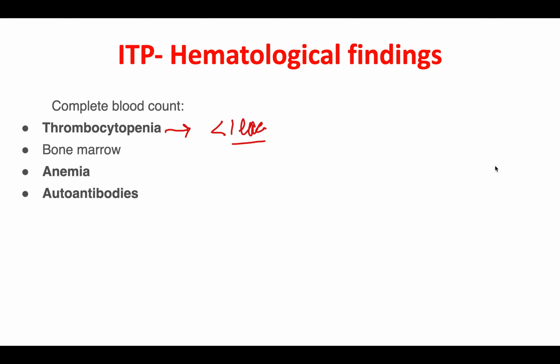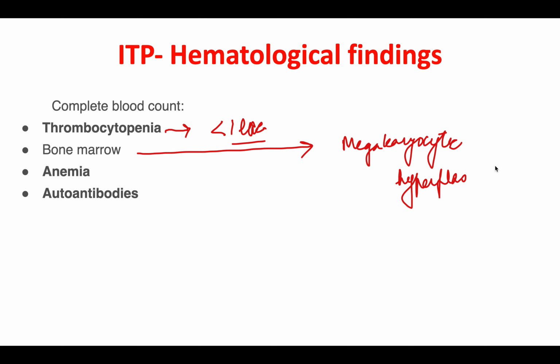Then in the bone marrow, because the platelets are getting destroyed, the megakaryocytes, which are responsible for formation of your platelets, increase. There is megakaryocytic hyperplasia. Then obviously the patient has bleeding, so some type of anemia can also be there, and you can have certain autoantibodies present in the body.